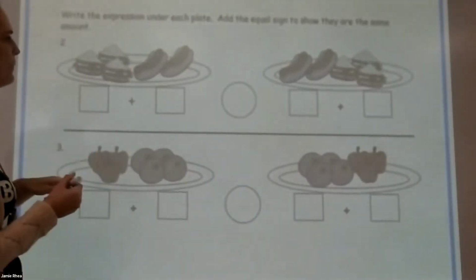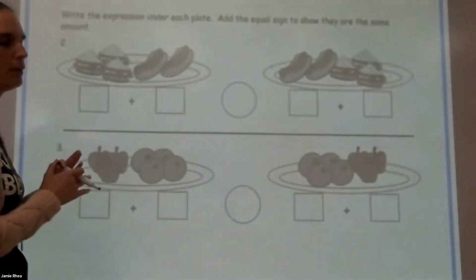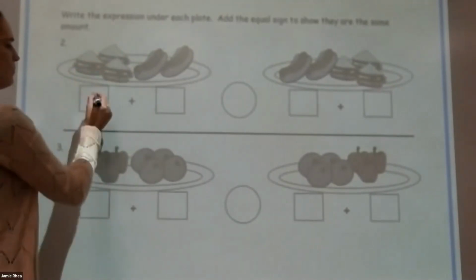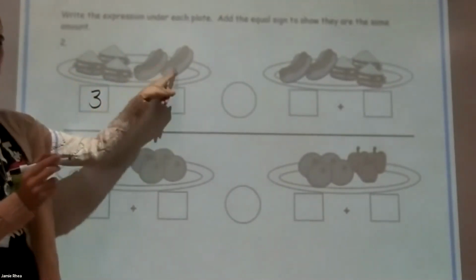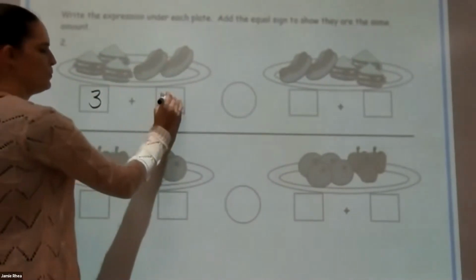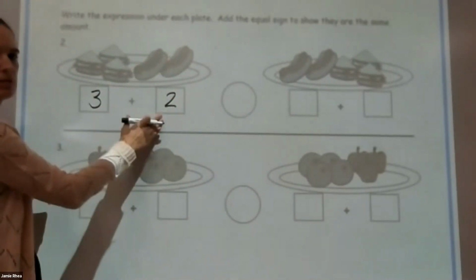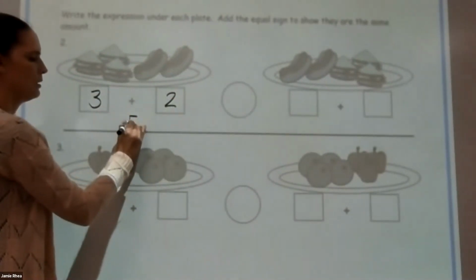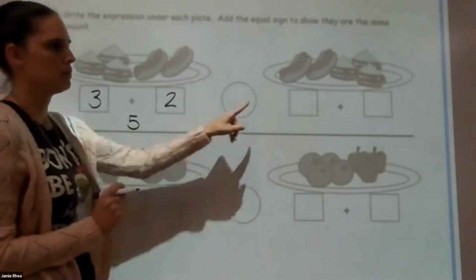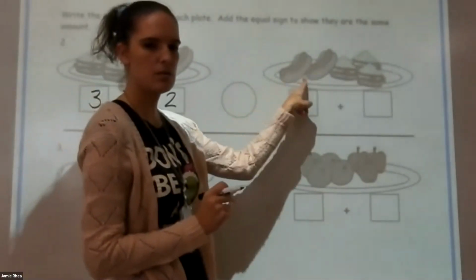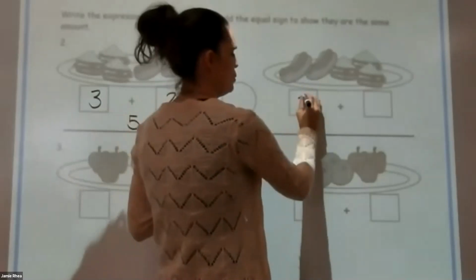Okay, so let's look. How many sandwiches do I have? 1, 2, 3. How many hot dogs? Just 2. 3 plus 2 equals 5. We know that one. So let's come over here. How many hot dogs do I have? 2.